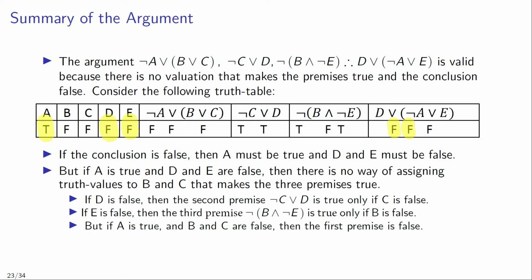In particular, if D is false, then the second premise, not C or D, is true only if not C is true, which requires C to be false. And if E is false, then the third premise, not B and not E, is true only if B is false.